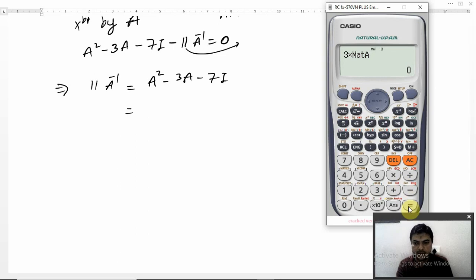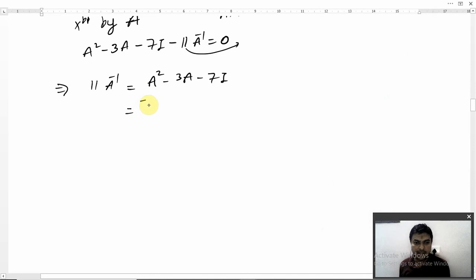So 3 into A I want, so just equal to, you can see 3 3 6, 9 3 3, 6 9 3, that you have to substitute. The last one is 7I. The identity matrix is diagonal 1, and you multiply. So all the values I am going to substitute directly from the calculator.